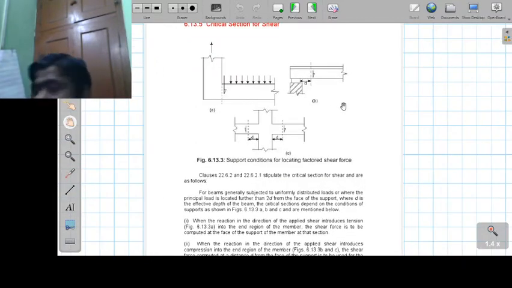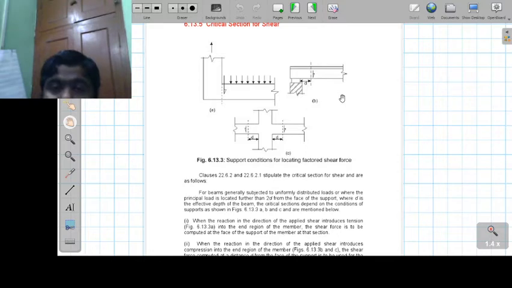Now come to the second category. When the reaction in the direction of the applied shear introduces compression into the end region of the member, in that case the shear force is computed at a distance of d from the face of the support.